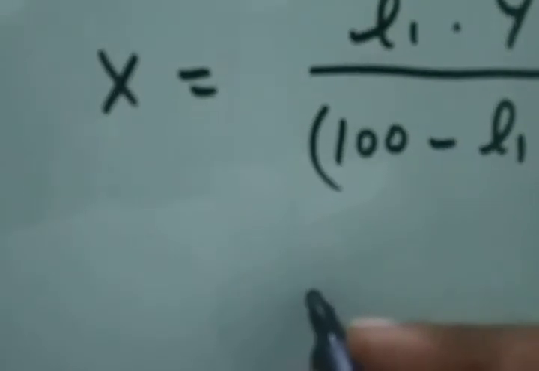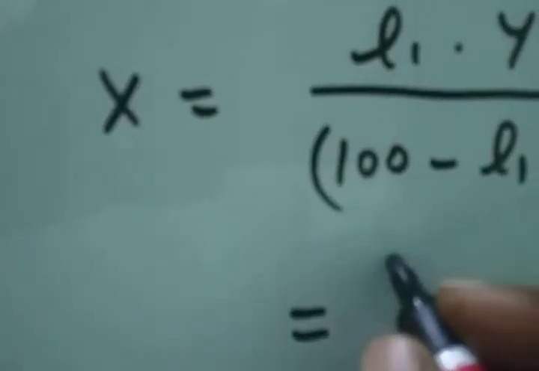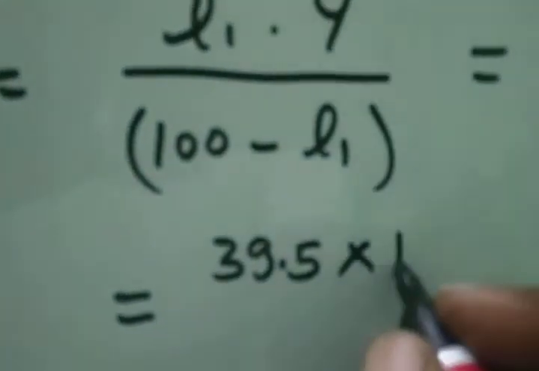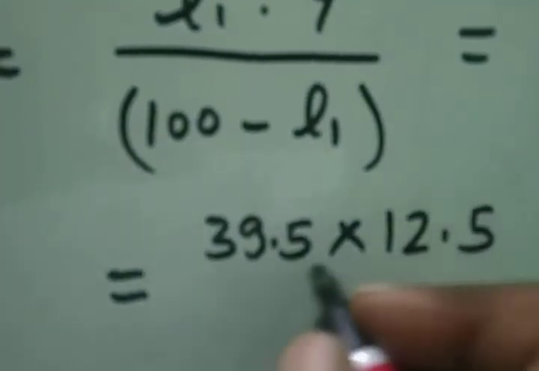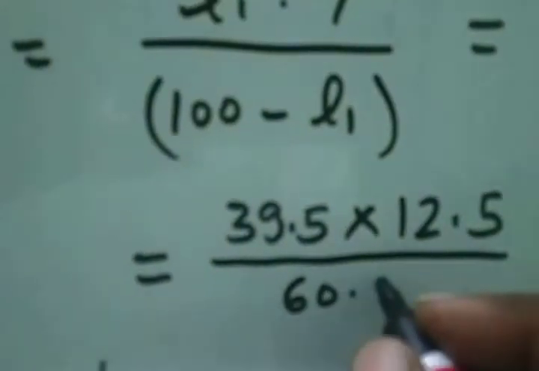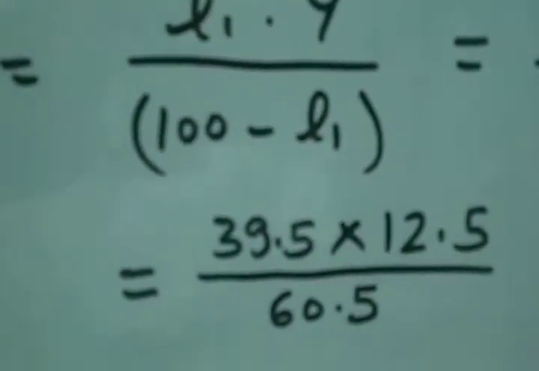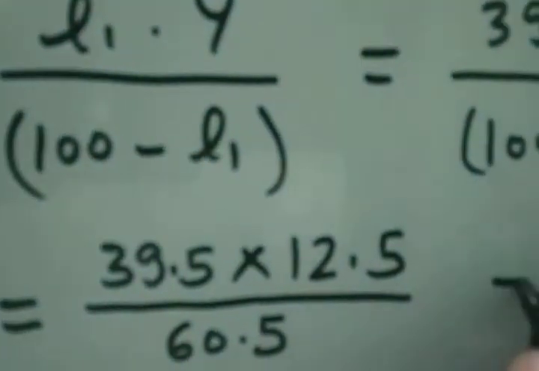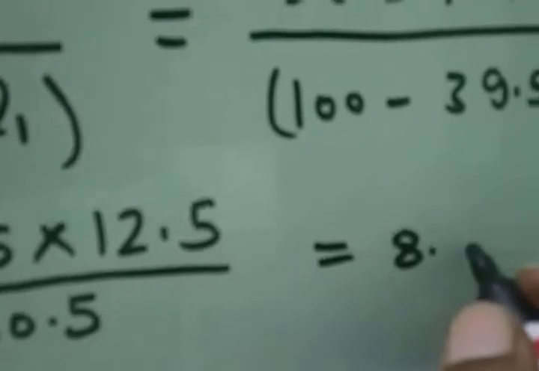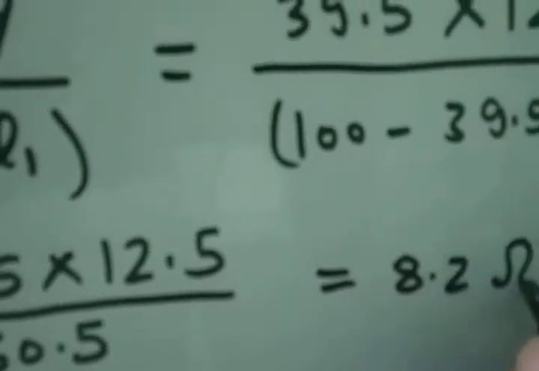So we get again 39.5 into 12.5 divided by 60.5. After the calculations, it will come out 8.2 ohm.